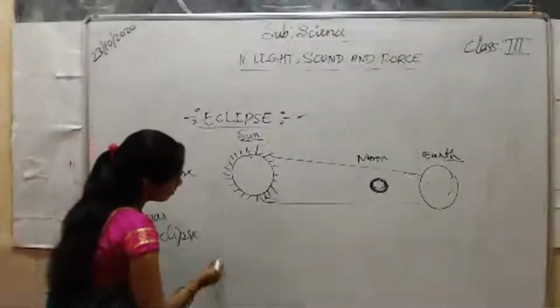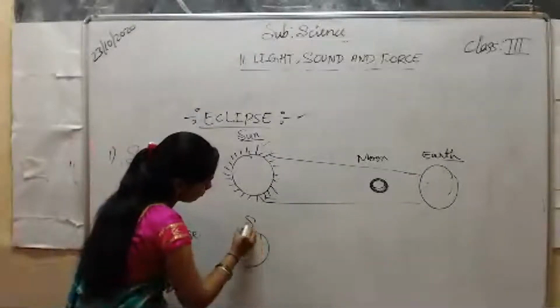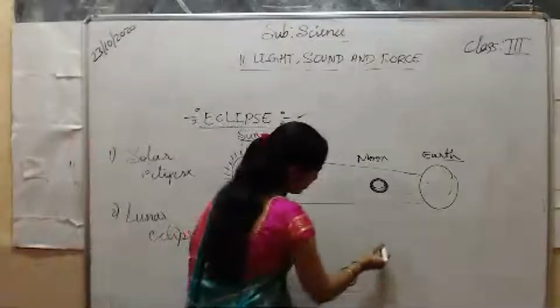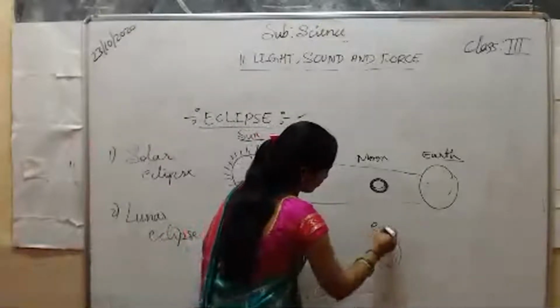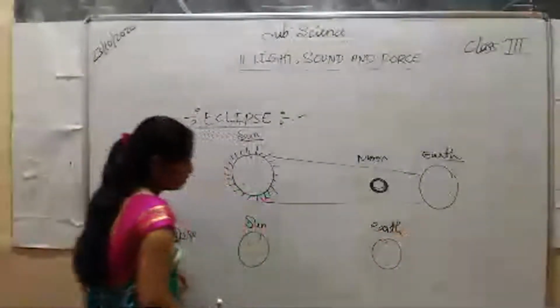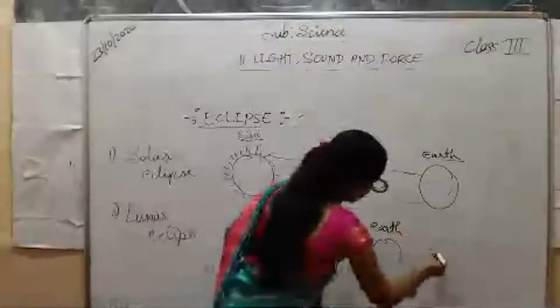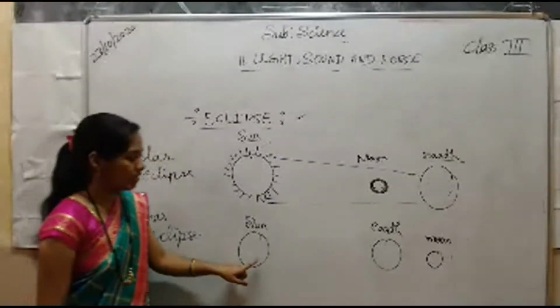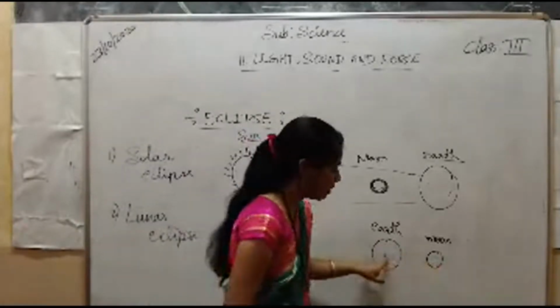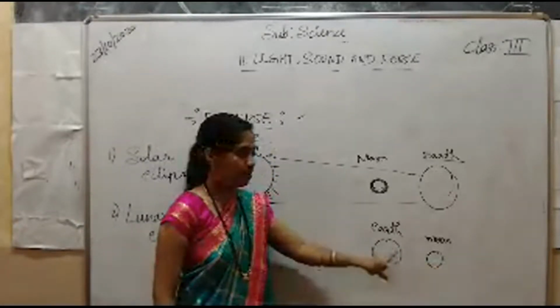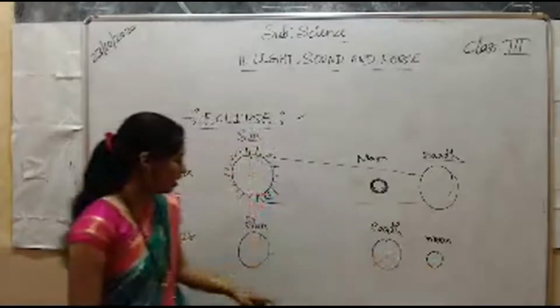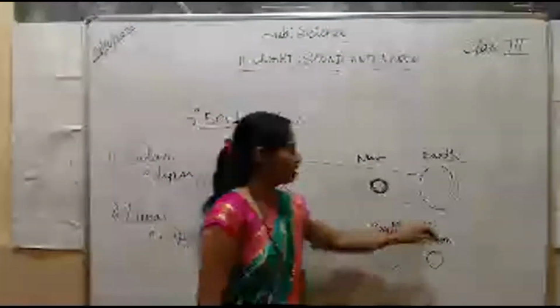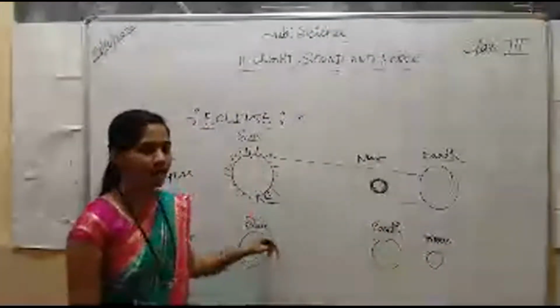Okay, lunar eclipse. See, this is the sun, this is the earth in between, and this is the moon. If the earth comes in between the sun and the moon and blocks the sunlight, then it is called a lunar eclipse.